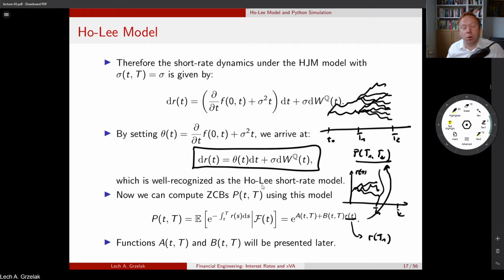Extremely powerful machine, because now we don't need to do any nested Monte Carlo. We can forget about the conditional expectation, because we know explicitly the relation between short rates and this expression. The information about the transition density from t1 to t2 is contained in the deterministic functions A and B, which are known in closed form.